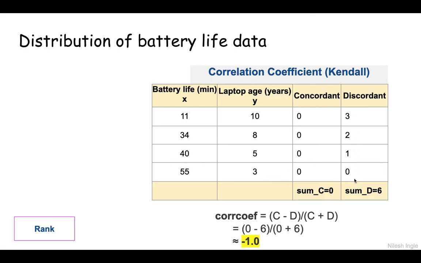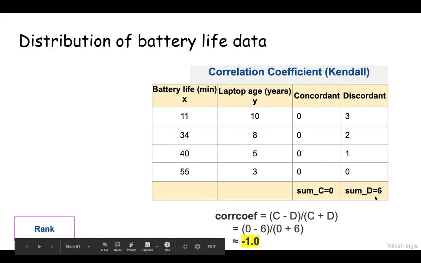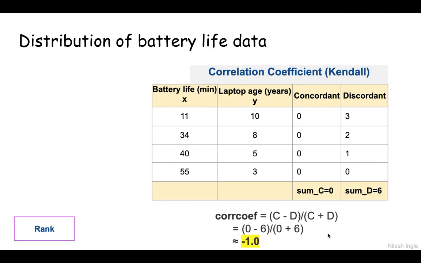We add the values here, then we take the sum of those 2 and plug them into the formula below. Again we get a correlation coefficient which is minus 1.0. This tells us that there is a strong negative correlation between battery life and the age of the laptop, and it's an inverse relationship.